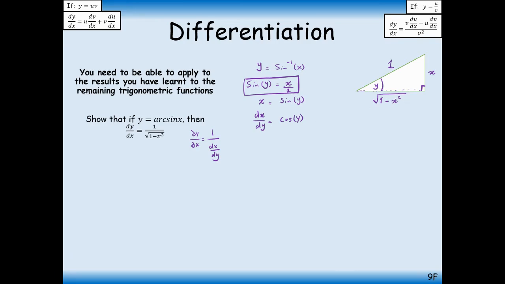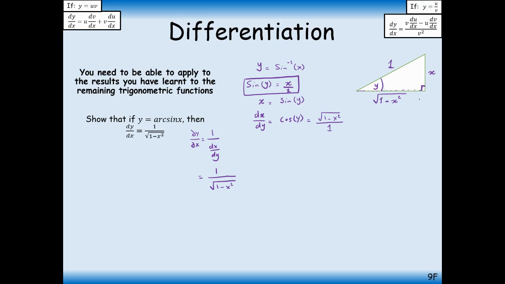So reading cosine of y from this triangle here is simply the square root of 1 minus x squared over 1. So we don't have to write the denominator, we can drop the denominator there. Now we do know what cosine of y is. So this expression 1 over cos of y is basically 1 over square root of 1 minus x squared.